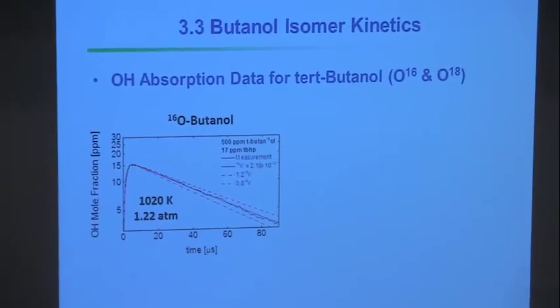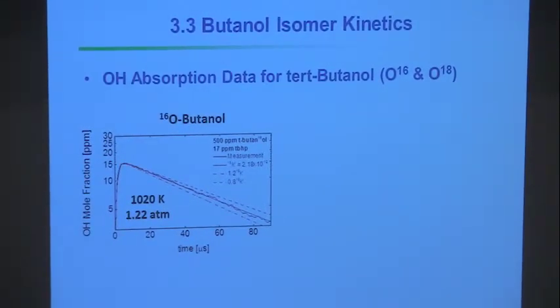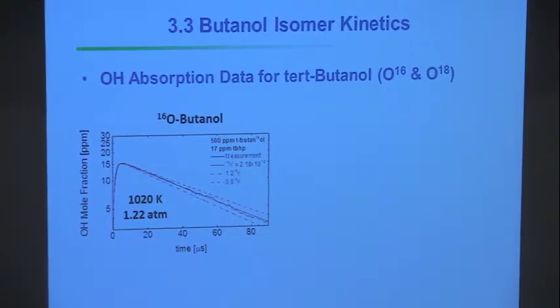Okay, so if we measure OH time history, we see with our tert-butanol idea, we see it rise, and it's the decline we care about, the rate of removal. We can see that we can fit this within about 20%. But that's when you do O16, meaning that it's not a fair measurement because some of the OH that's reacted comes back to you.